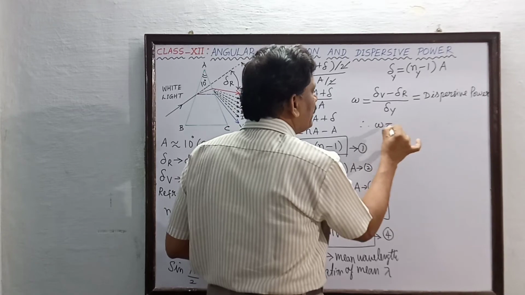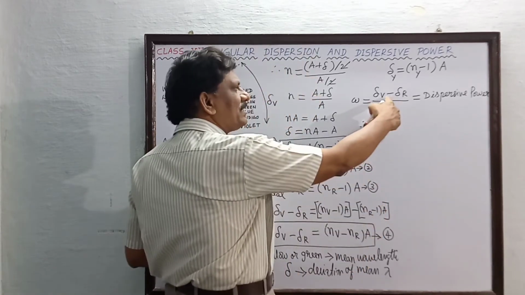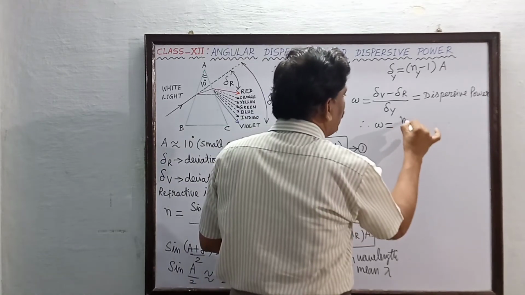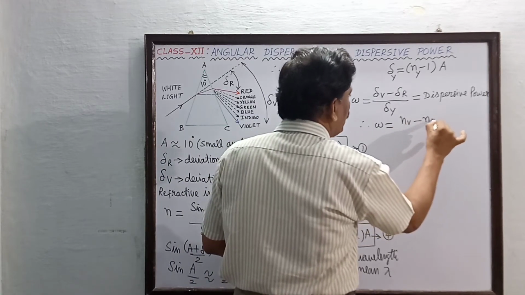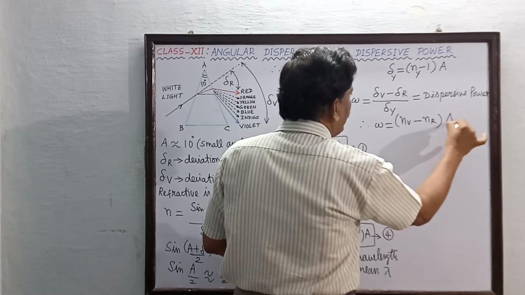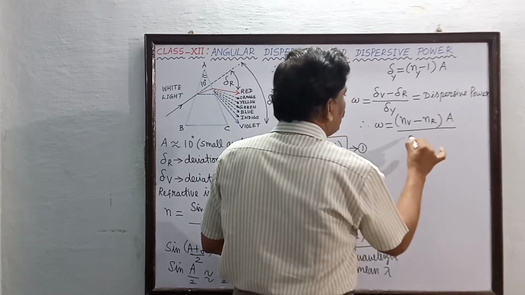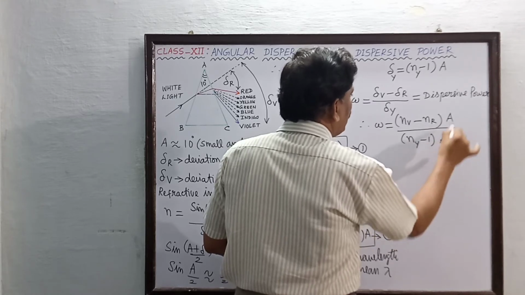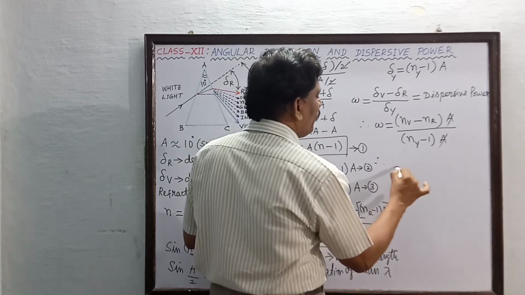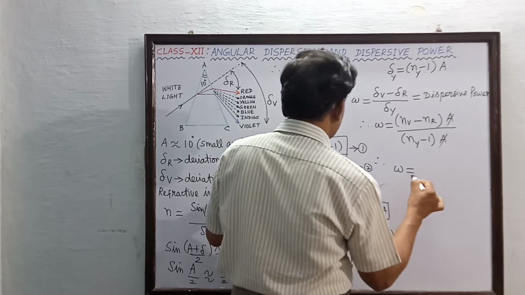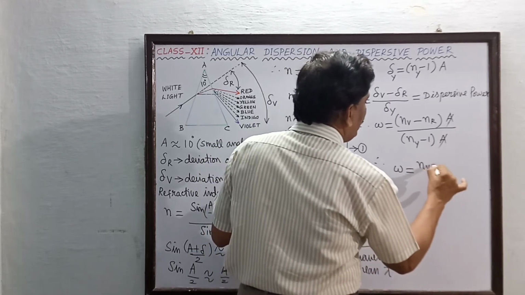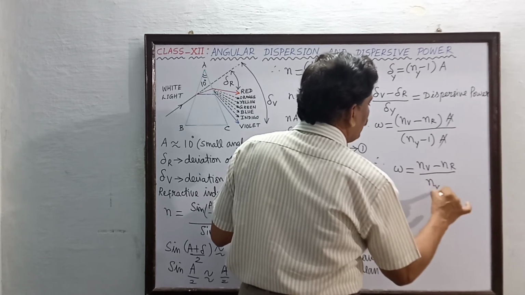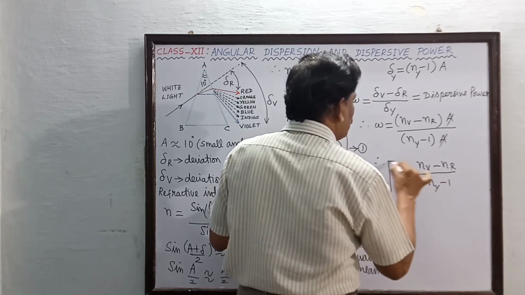Therefore, omega, the dispersive power, is equal to, in place of dV minus dr, n violet minus n r into A, divided by n yellow minus 1 into A. A gets cancelled. Therefore, dispersive power omega is equal to nV minus nR divided by n yellow minus 1.